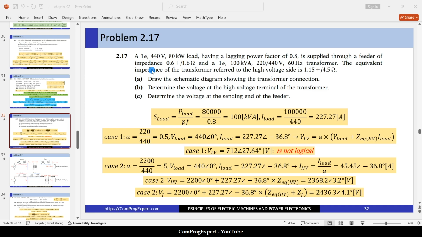The equivalent impedance of the transformer referred to the high voltage side is 1.15 plus j 4.5 ohm.